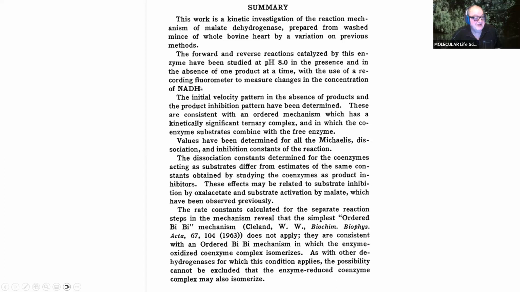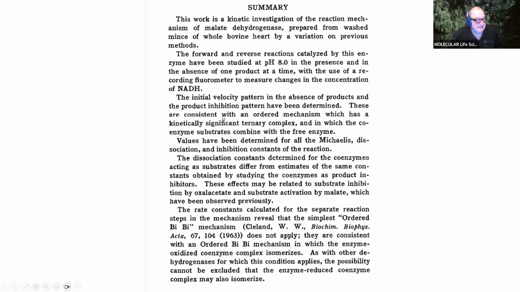And of course, all enzyme kinetics really depends upon getting true initial rates. So using a fluorometer lets you more easily measure true initial rates. They give a lot of description of how they did that in the paper.